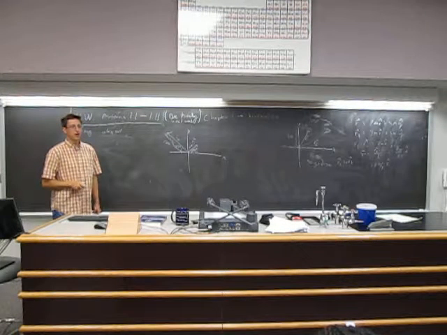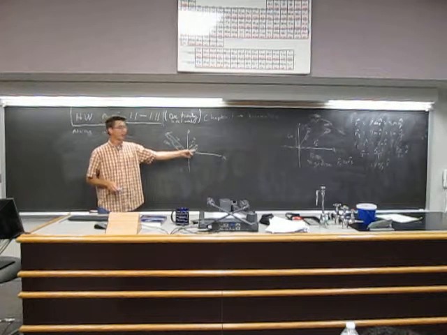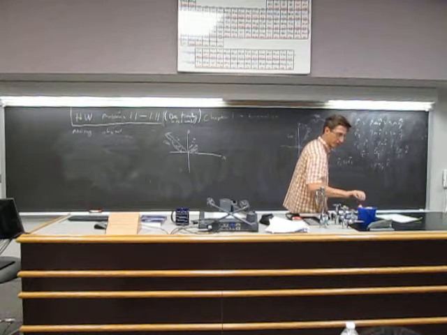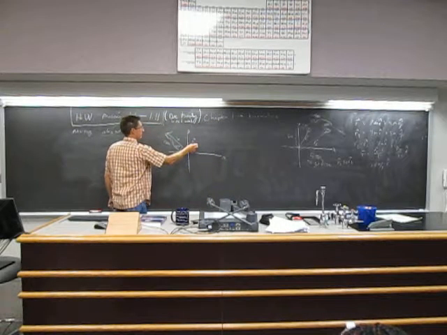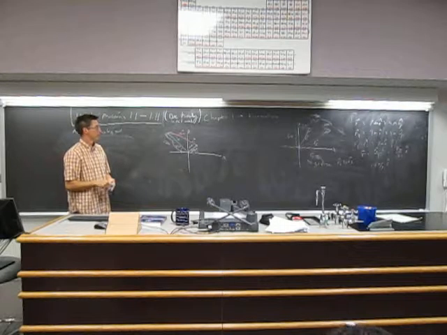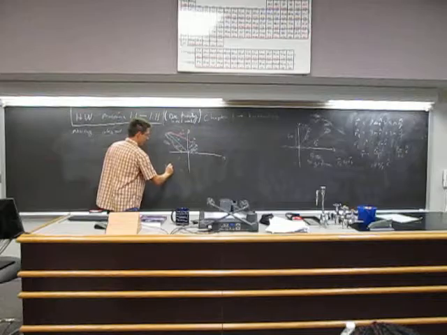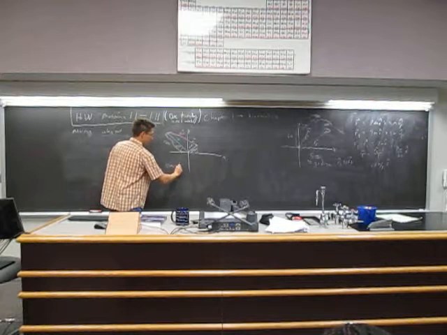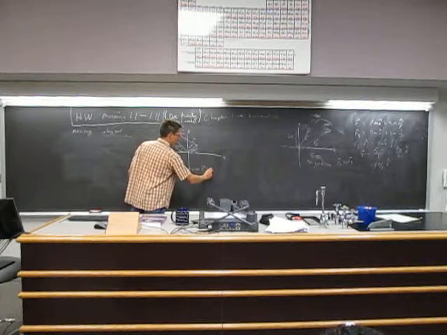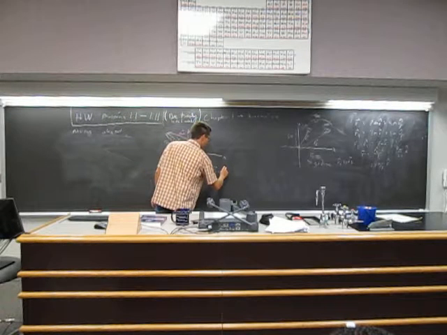If I wanted to draw that displacement vector, what would it look like? Pointing from your initial to your final position. So delta R would look like this. And let's say that the time it took to go from our initial to our final is 20 seconds.